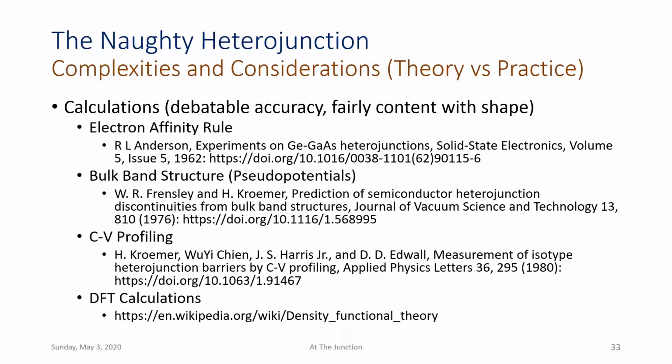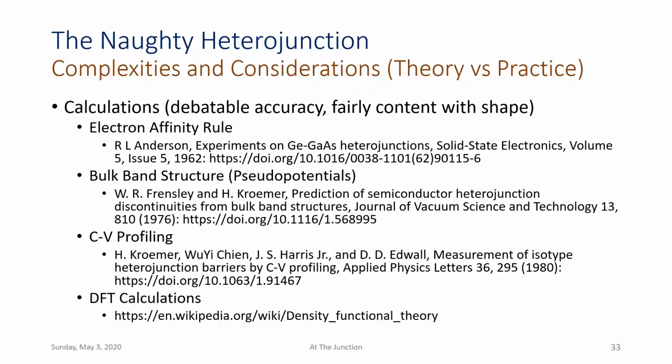In addition to the experiment methods, there are several numerical calculation methods of figuring out the band diagram for a heterojunction. The accuracy of all these calculation methods, numerical methods, are debatable, but people are fairly content with the shape that comes out through these methods.